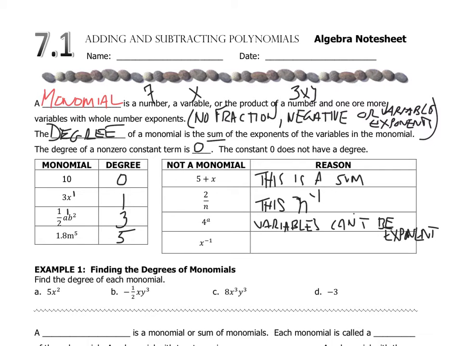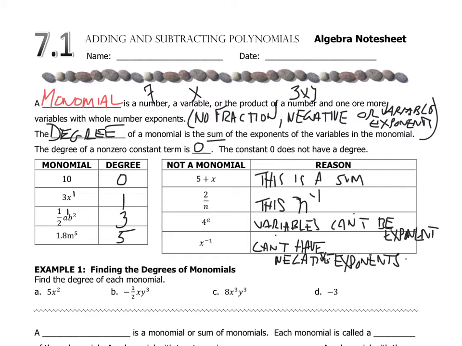Now again, we can still do things with these, we just can't call them monomials. And the last one again, we can't have a negative. Okay, so we can't have negative exponents.